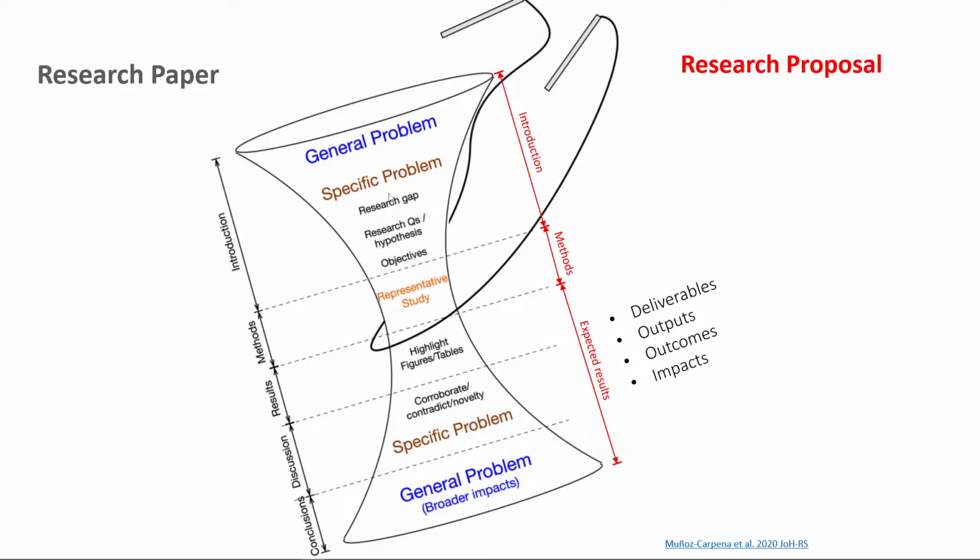The quality of your writing, in which part? Everything. In the introduction, in the method, in the expected results, and even in your references, which you will put at the end. Fortunately or unfortunately, this will continue with you to the project. So in the research method, you write the proposal, then in the project, you will implement the research and write the report.